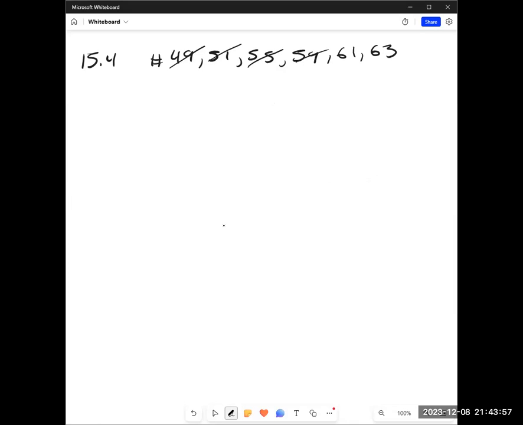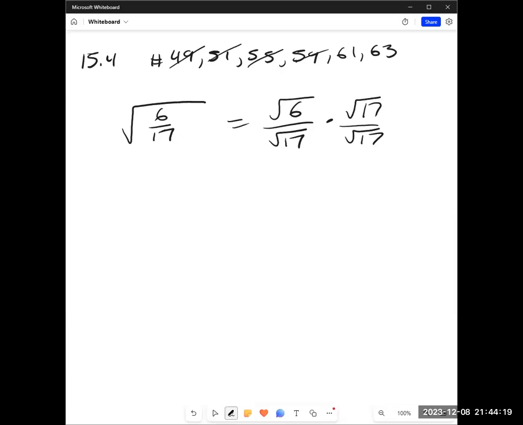Now for one like number 61, the square root of 6 over 17, excuse me. Square root of 6 over the square root of 17 is our next step. And so we're going to multiply by root 17 over root 17. There are no common factors here.